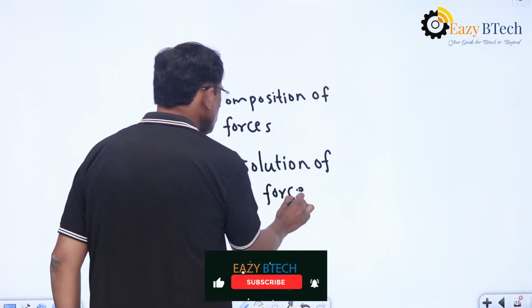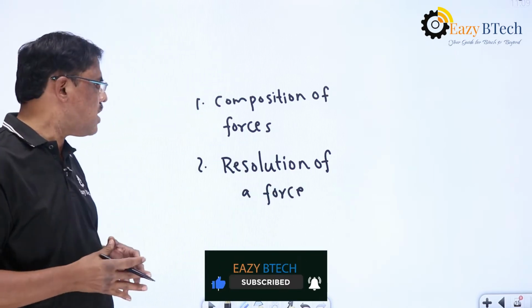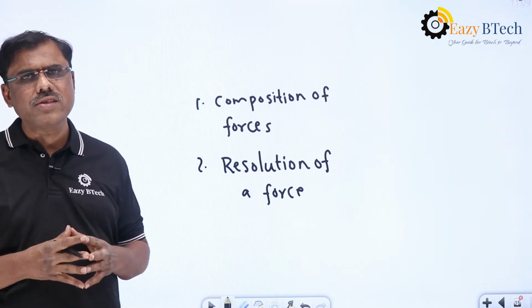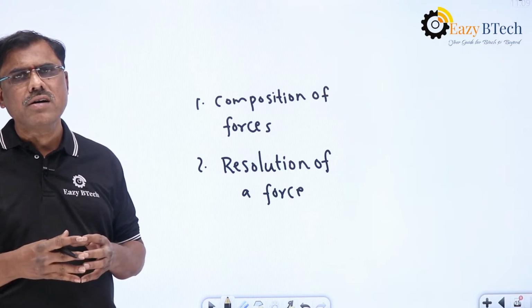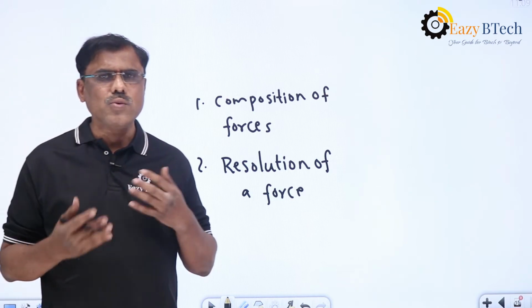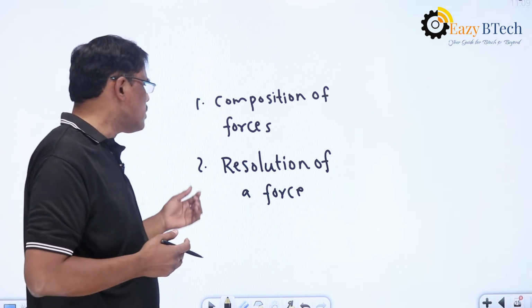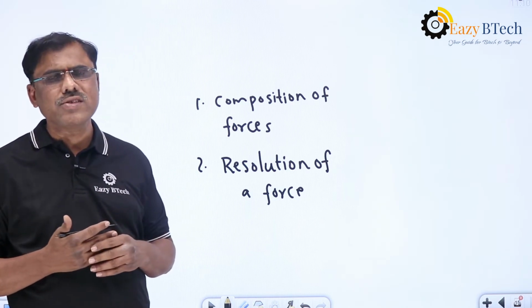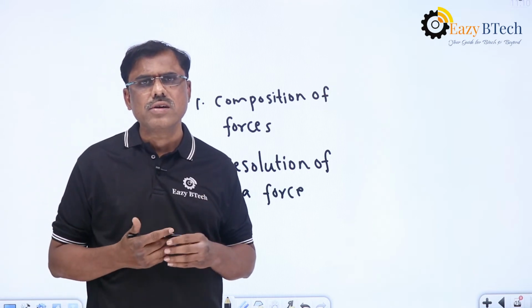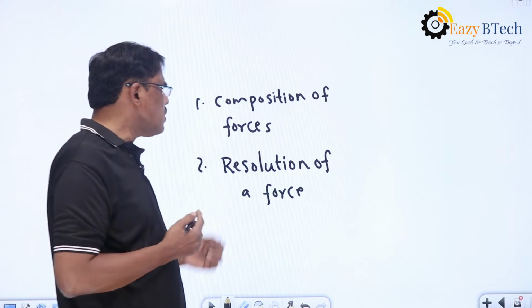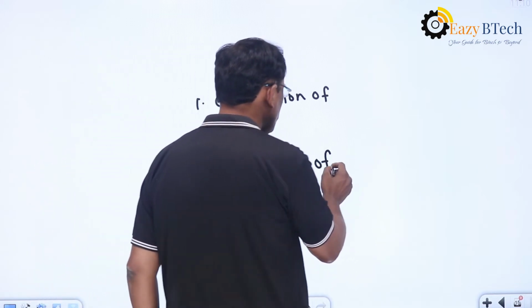The basic difference is this: composition means we are combining the force vectors to get the resultant, which is a single force. Resolution of a force means a force is divided into its components.